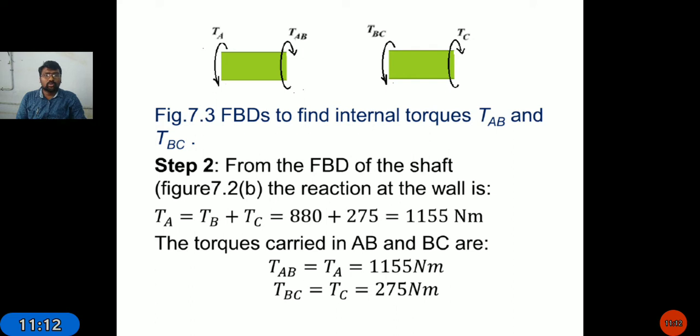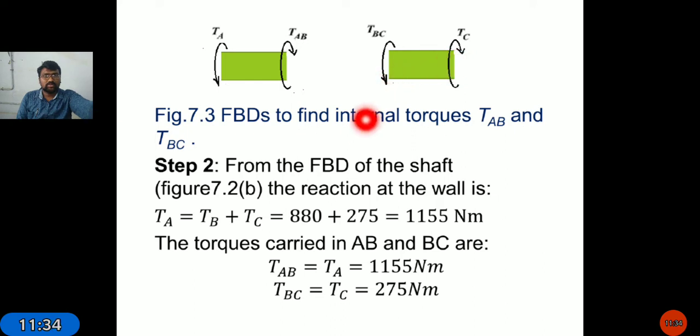Next, now we need to draw the free body diagrams for the shafts. On the left side is the total torque developed at point A. Here is the junction of A and B, that is AB and BC, the junction of BC, and the C point.